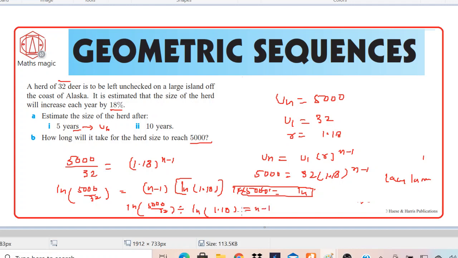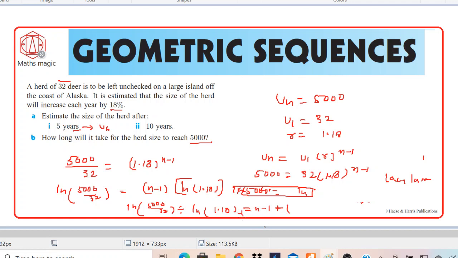As you know, the n which we will get is going to be one more than the exact year. So we have to subtract 1 from this so that we can get the exact year. It's not going to be exact, but we have to approximate, so we reduce 1 from this side to get the proper answer.